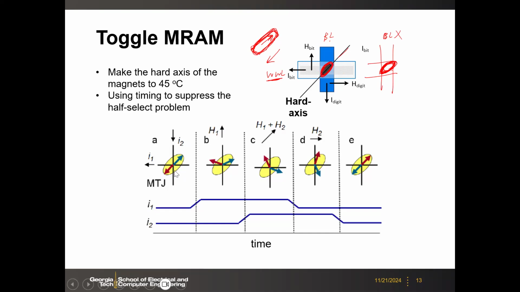So for example, if you look at this schematic, in the first case you are going to apply I1, which means horizontally through this write word line, you are going to apply the current this way. And then you are going to flip this guy.